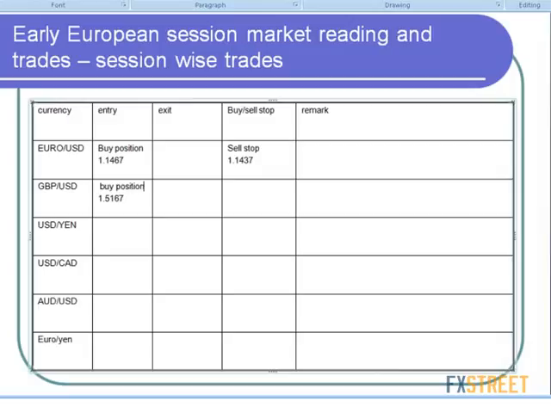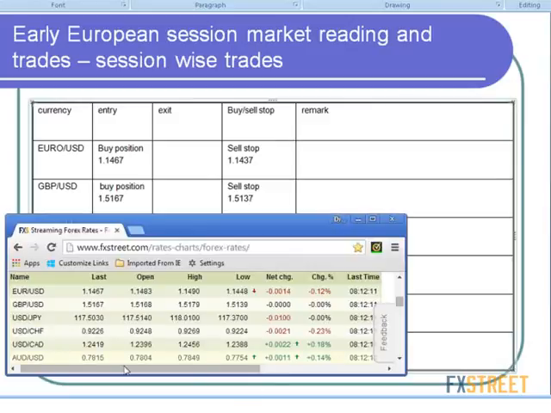It is a buy position, and again we'll keep a sell stop. $5,137. Then I told you Australian dollar has breached the high and is staying above, so we will try to take a buy at 0.7815.